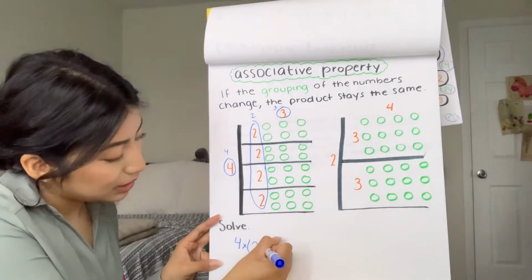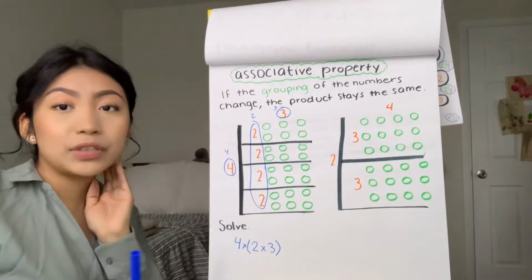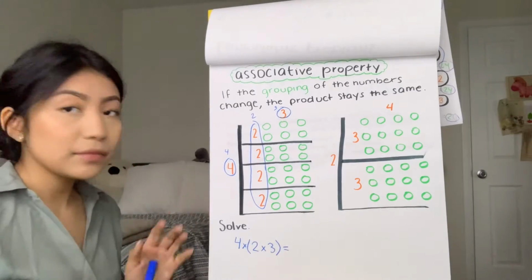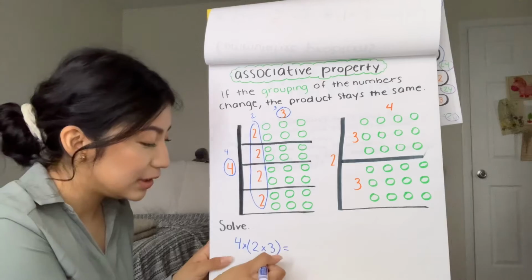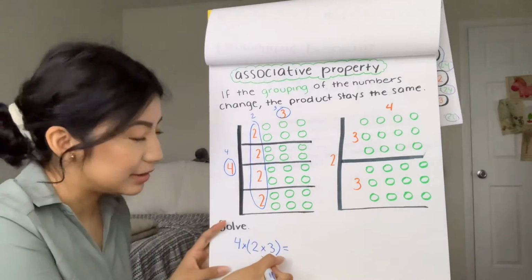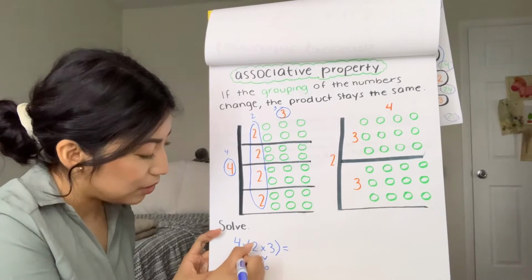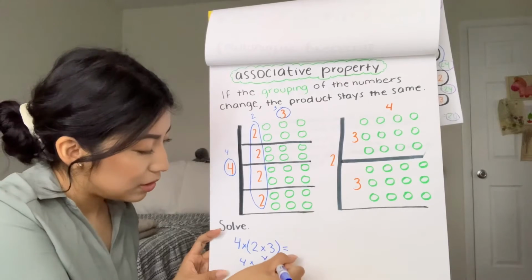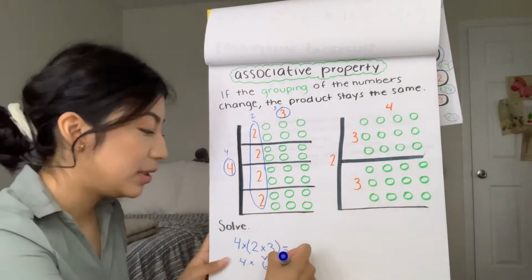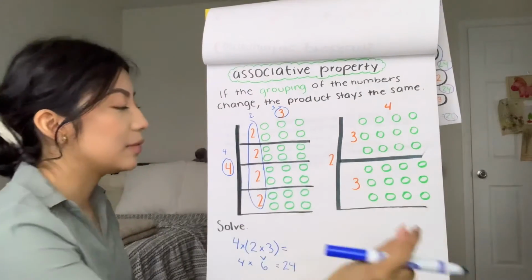So what do we do? Let's look at this equation. Yes, we're gonna do our parentheses first. So what's 2 times 3? 6. Okay. And then we're gonna do the 4. What is 4 times 6? 24. Awesome.